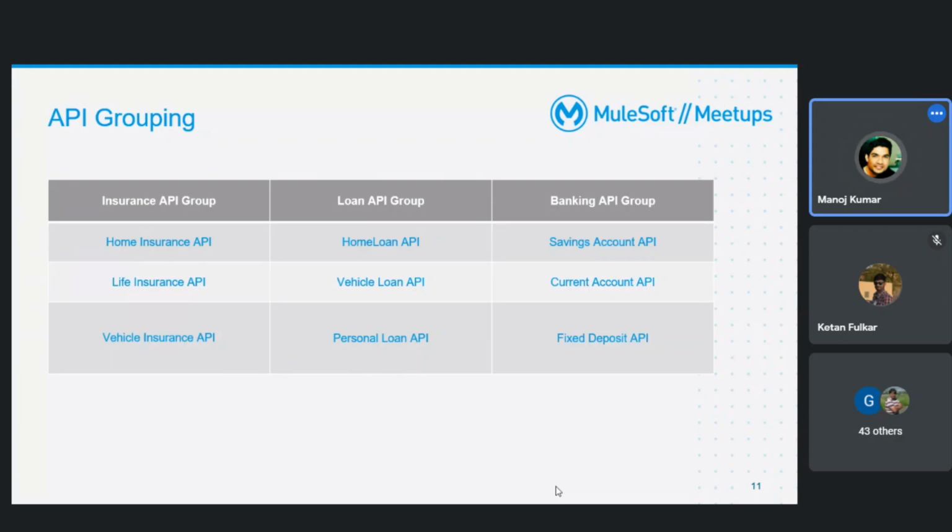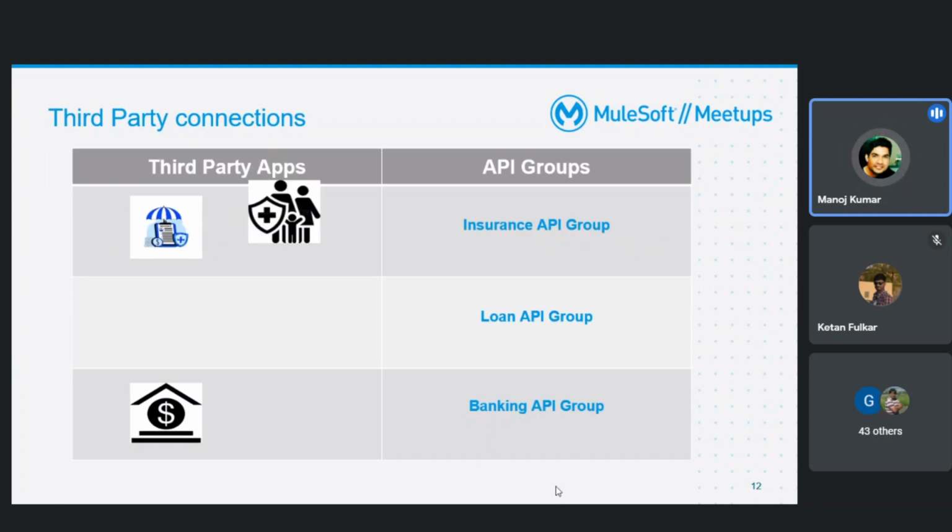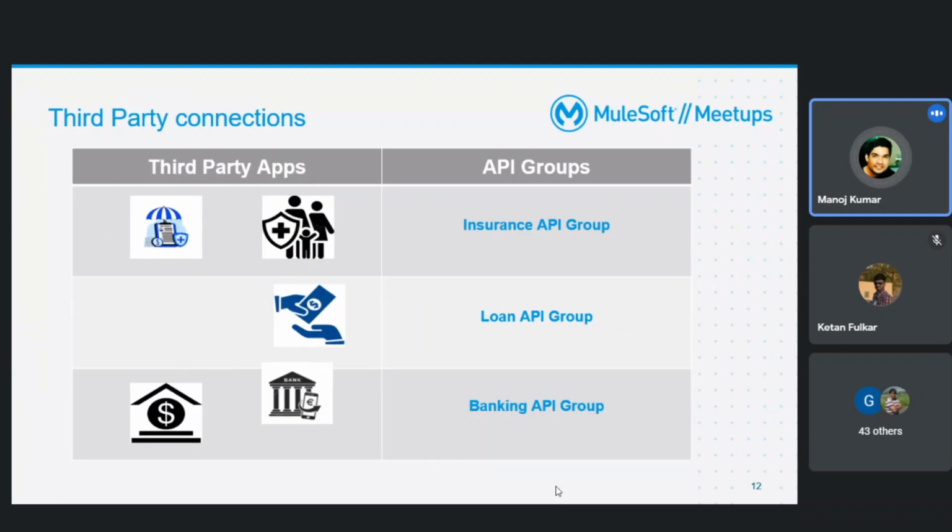So here API groups provide a feature to group all those APIs and access them by a single client application. Now, initially we saw a problem, we suggested a solution, and saw how it resolves it. So the third-party applications would now be able to access all three API groups.